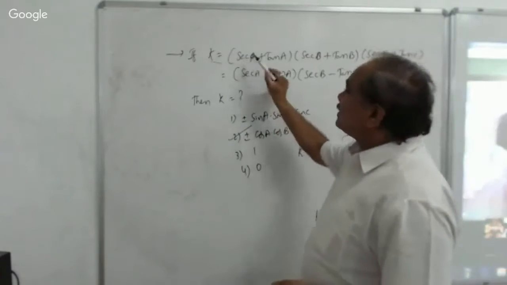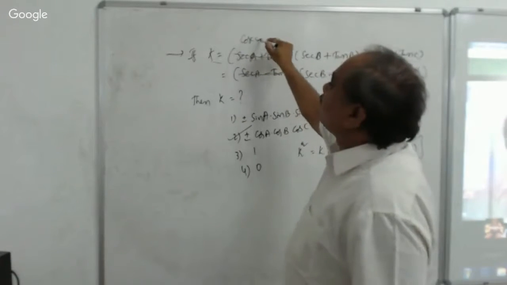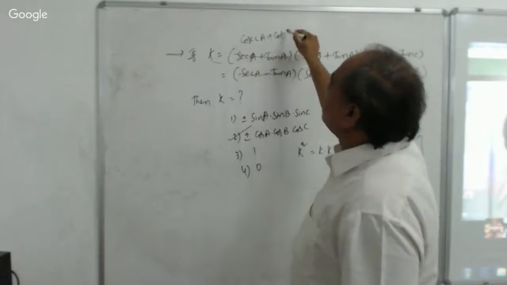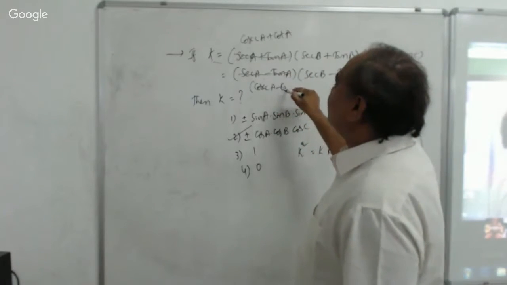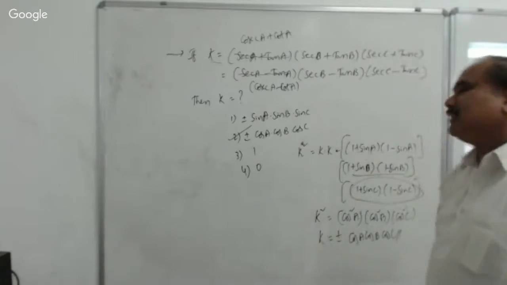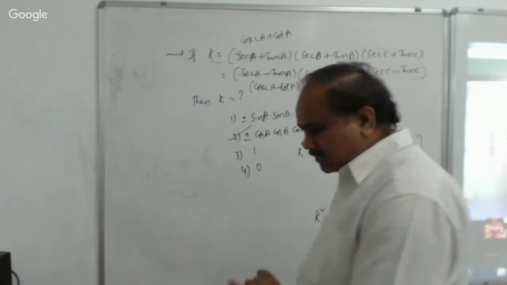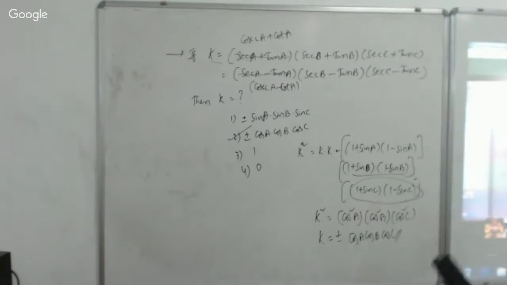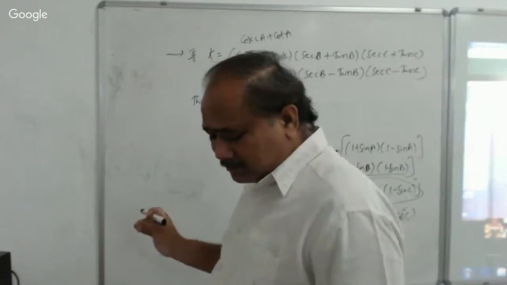Instead of this, again you can make cosec A plus cot A, cosec A minus cot A, which is 1. Then again 1. Did you catch my point? Yes, sir. Very good, that type of thinking is required. Here it is based on very simple logic.